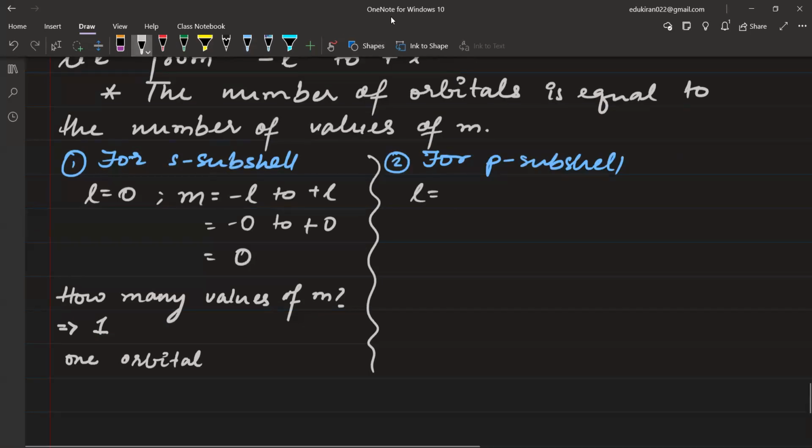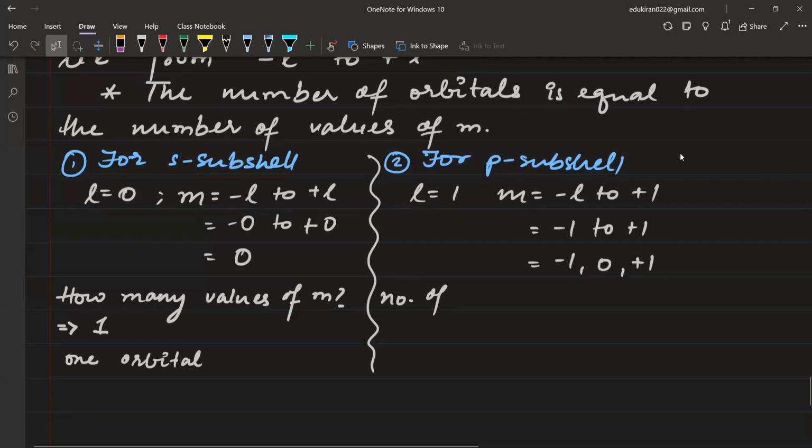L is equal to 1. So M will be equal to minus L to plus L, that is -1 to +1. What are the numbers between -1 to +1? -1, 0, and +1. Tell me the number of orbitals in the chat.